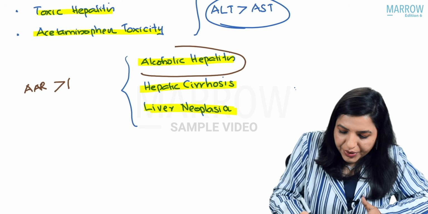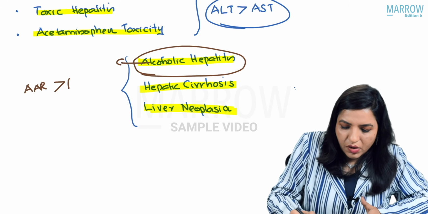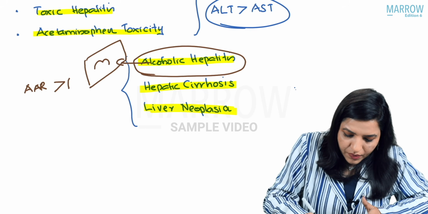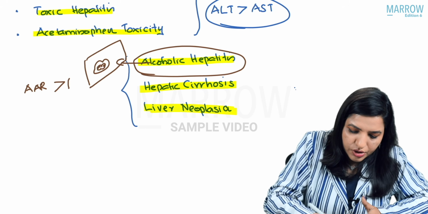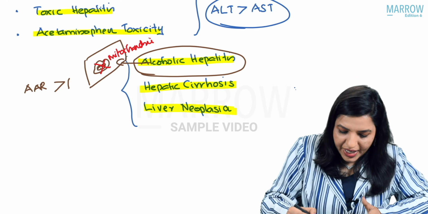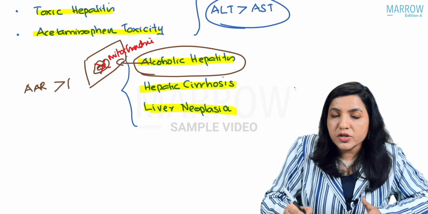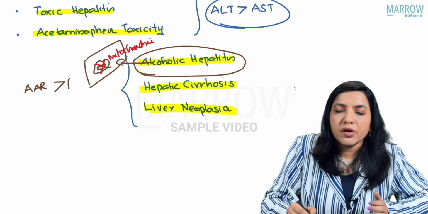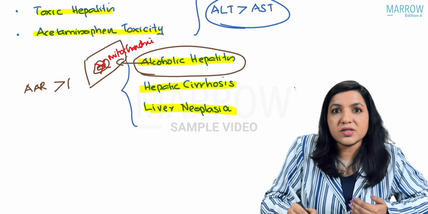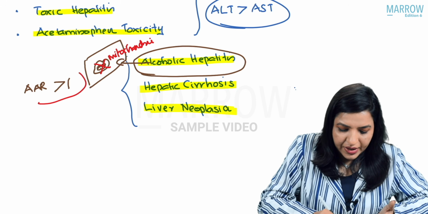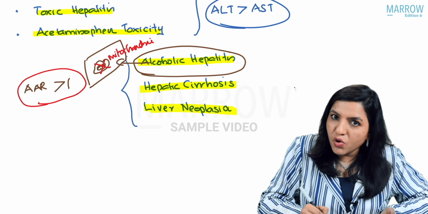In alcoholic hepatitis, there is an injury to the mitochondria. We know the location of AST is mitochondrial. So as the alcoholic disorder affects the mitochondria, the AST level also rises, and it is above the ALT level. That is why the AST-ALT ratio is more than 1.